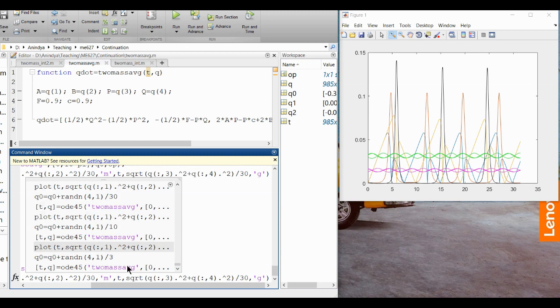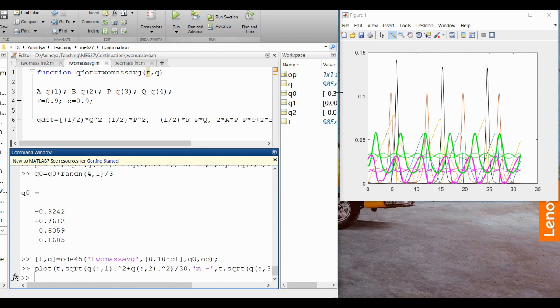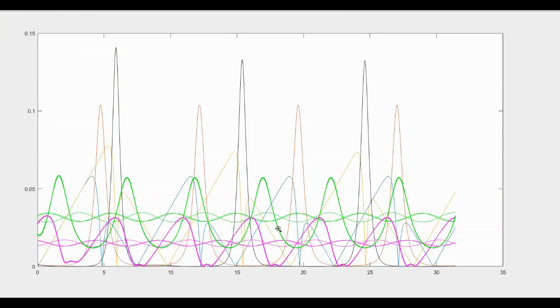Let me plot this with dots. So we will know that that's the new one, and you can see that this has a completely different character again. So all of those solutions are possible.